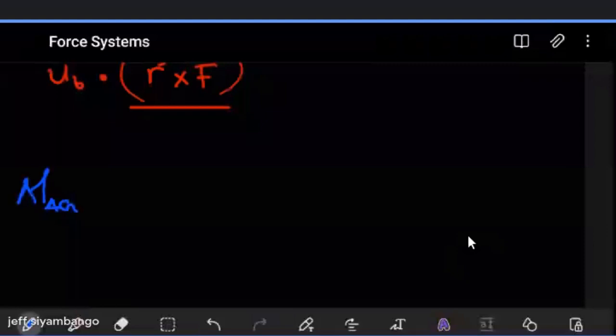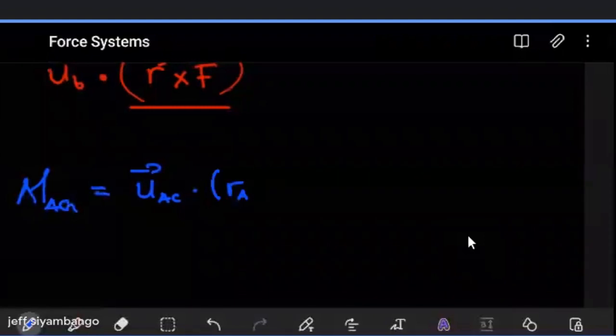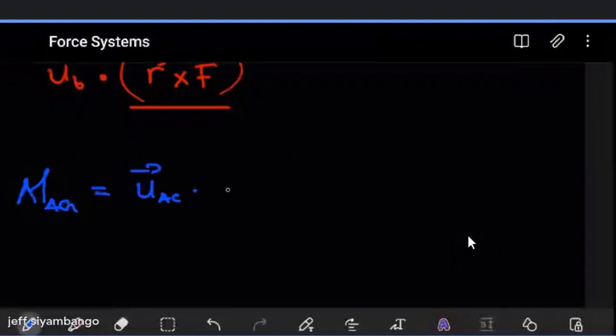So to do this, we need a unit vector that runs from A to G, then its dot product with the moment of the force about any point on our line AG. Luckily, we still have the moment about the point A. A lies on our diagonal AG, so A works.